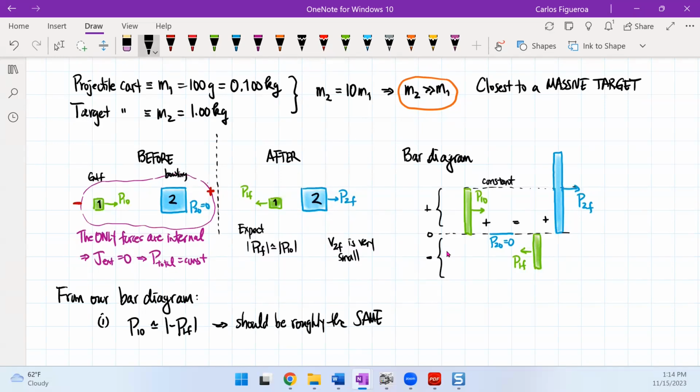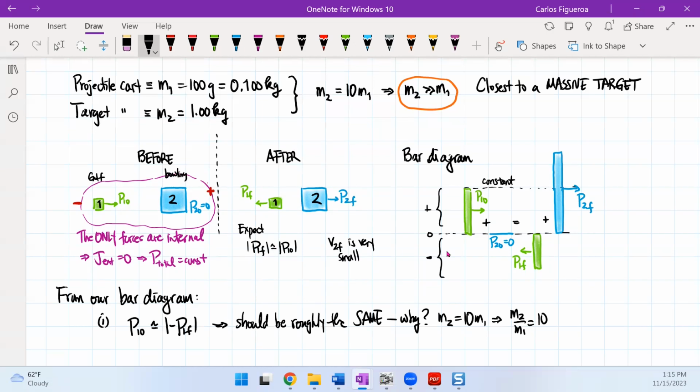And again, if we ask the question why, it's because M2 is equal to 10 times M1. In other words, this ratio is equal to 10.